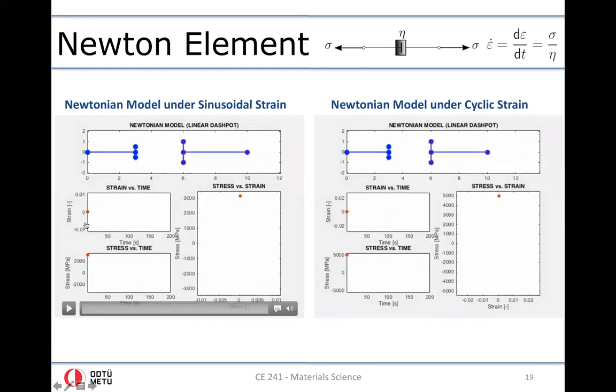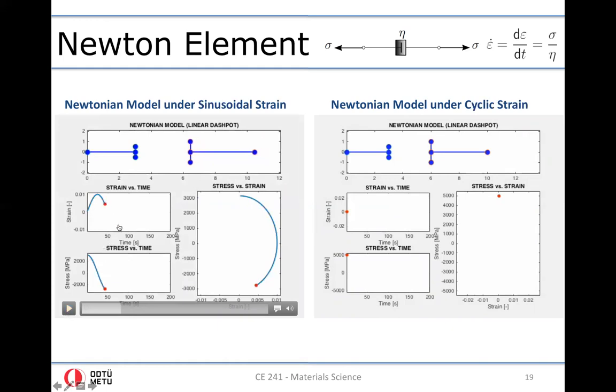So let's take a look at the response of the dashpot when it is subjected to sinusoidal strain. In other words, we apply strain whose variation obeys the sine function, where we have two waves of the sine function. In contrast to elasticity, we have a phase lag between the strain and the stress.